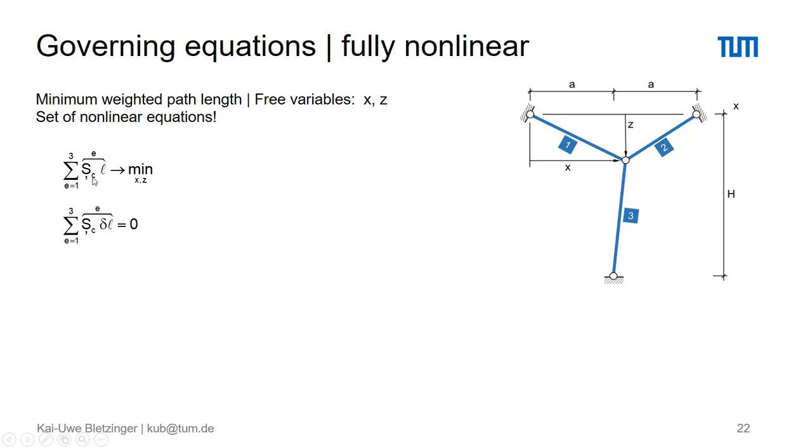Some may have different values, and we call it a minimum path length net if all these forces have the same value. In this case, the sum of the individual lengths of these 3 cables appears to be the minimal possible value of this sum for every other choice of X and Z.